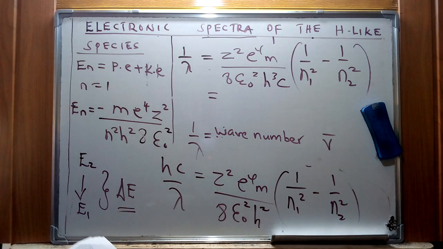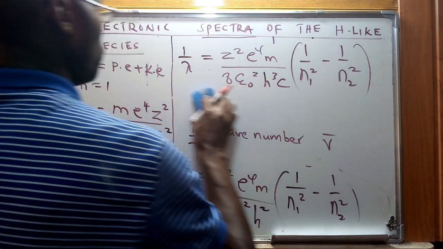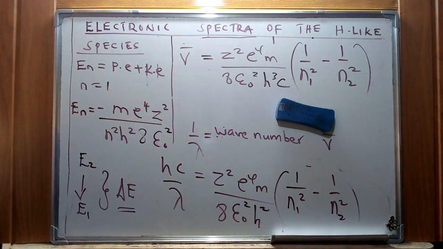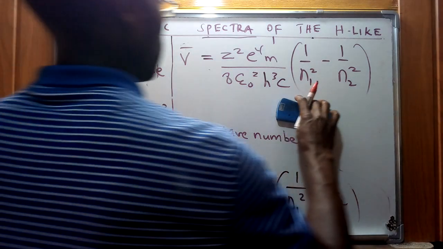So in that sense I'm just going to do a substitution for this, and this one is represented as a wave number given as such. From this wave number we're going to find that there's a term that is going to be given a particular notation, which is going to be referred to as Rydberg's constant.